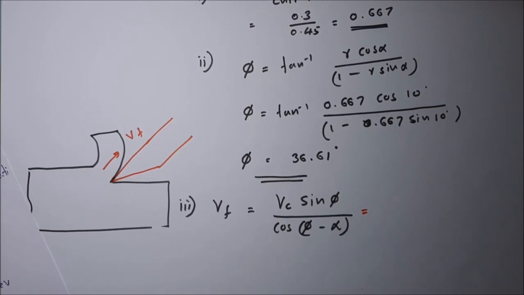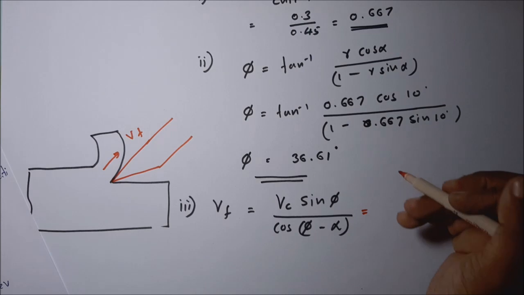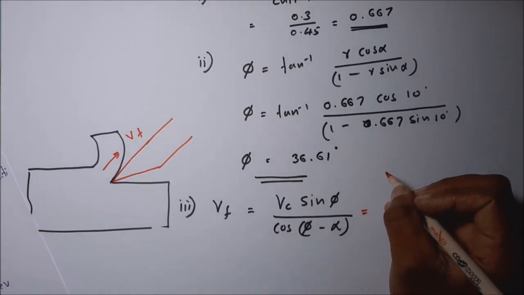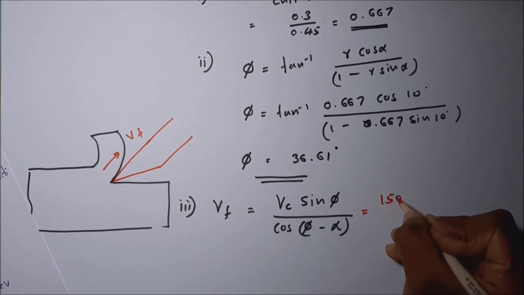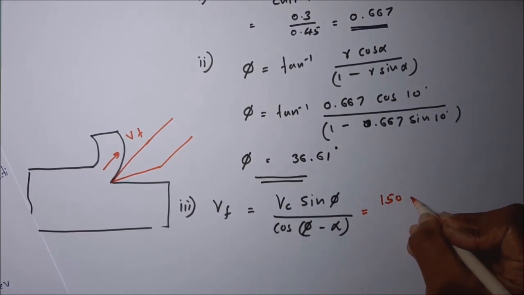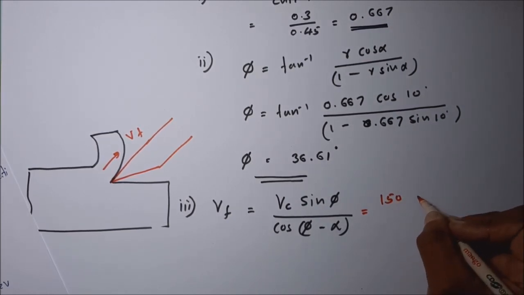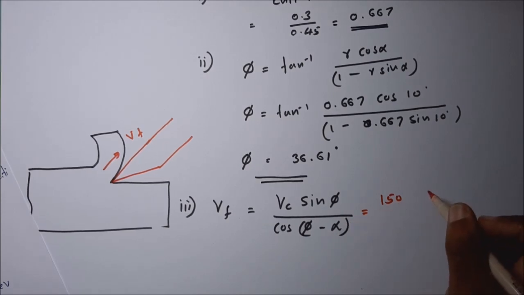VC, the cutting speed, is given as 150 meters per minute, so the answer will also be in meters per minute.